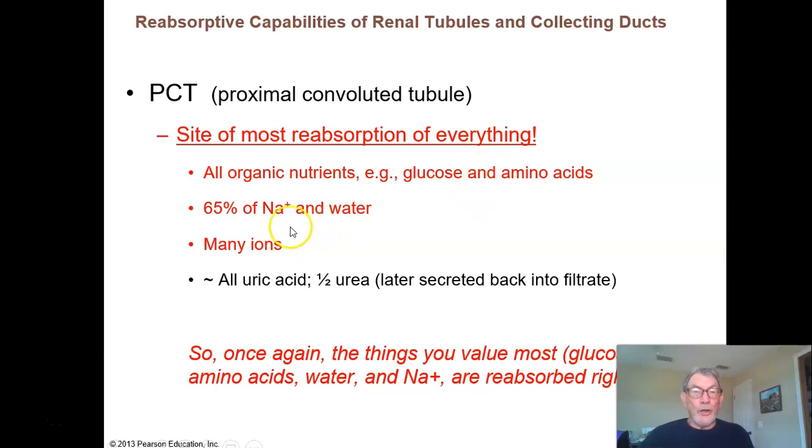Okay, you know you're going to want to keep most of your water. You know you're going to want to keep all of your glucose and amino acids. There are a lot of things that you want to keep, and you know that right off the bat, and so you absorb it right away. So 65% of everything gets absorbed in that proximal tubule before you even get to the loops of Henle.